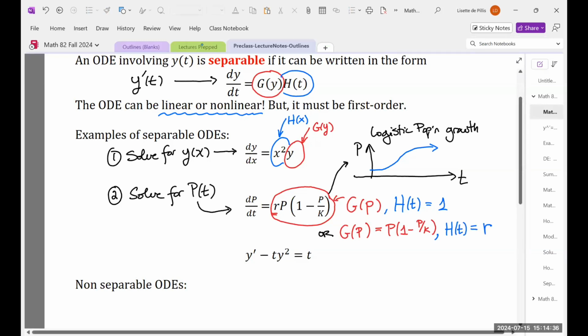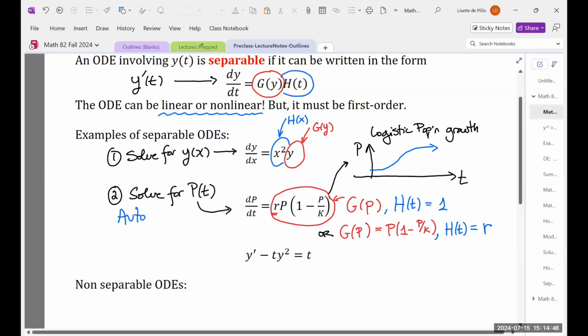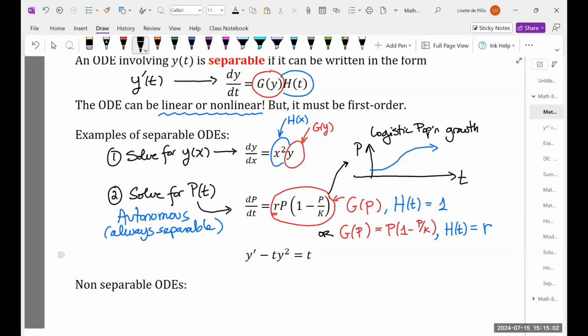So t doesn't show up anyway, so I can actually choose h to be 1 or the constant r. The key to understand here is that this is an autonomous differential equation, and autonomous equations are always separable. So that's good news.